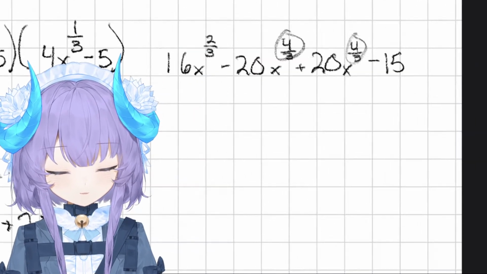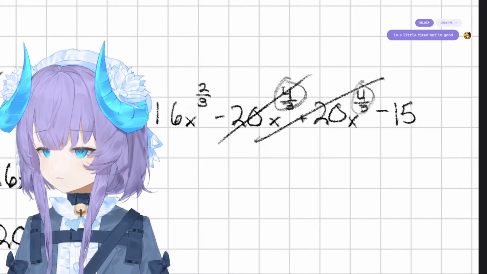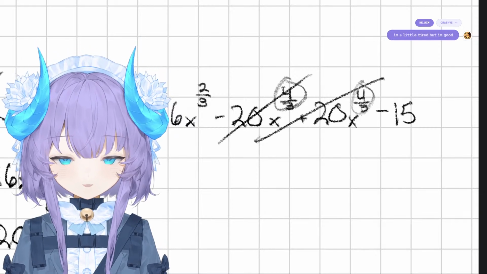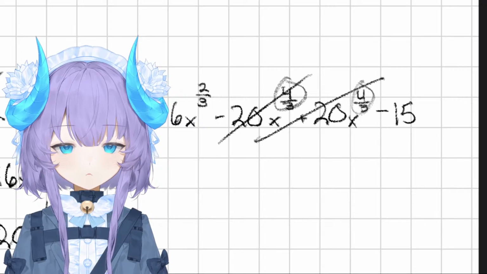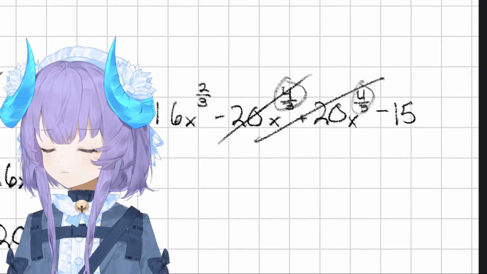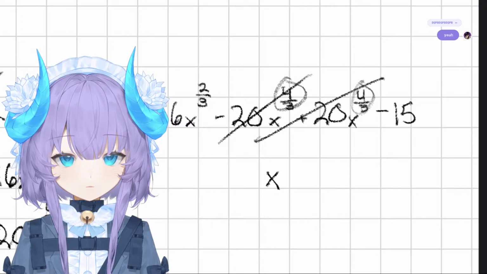So they cancel out. Does it cancel out, or is it now 20?